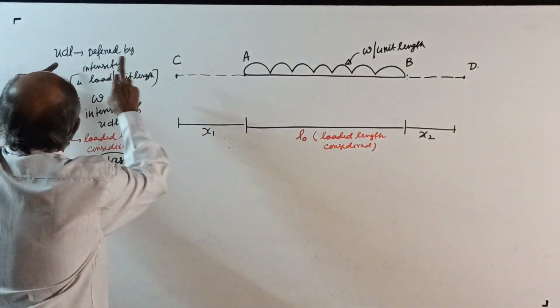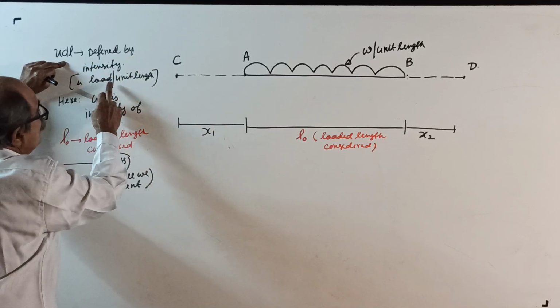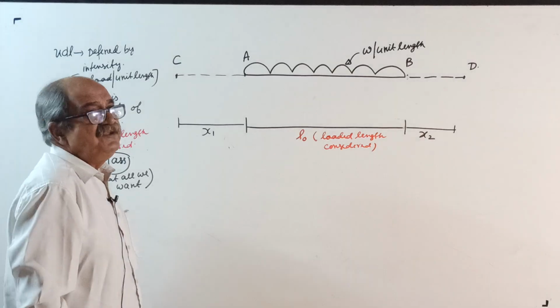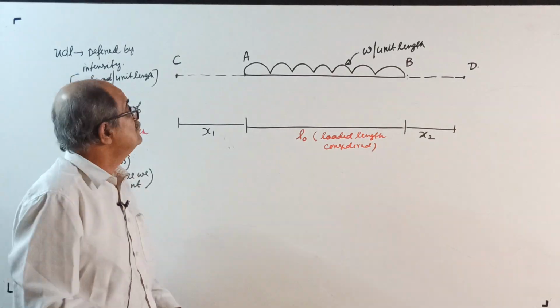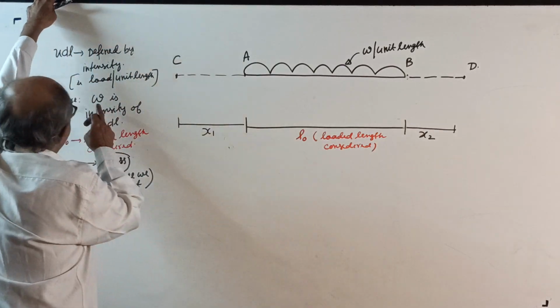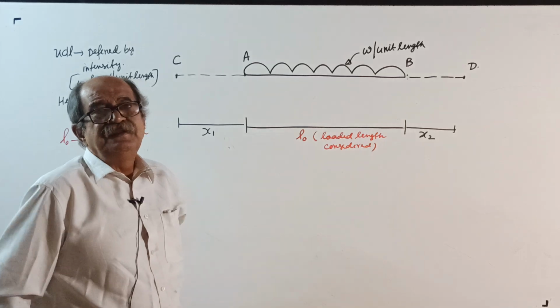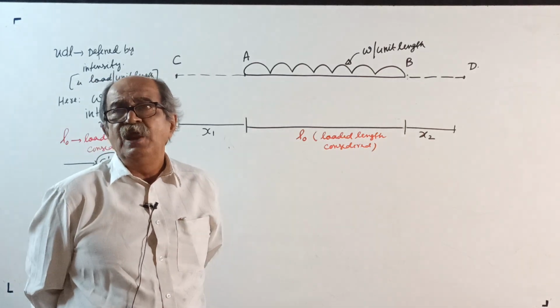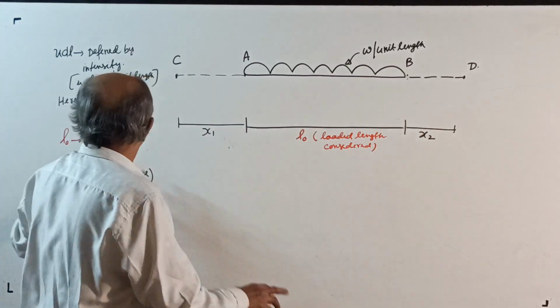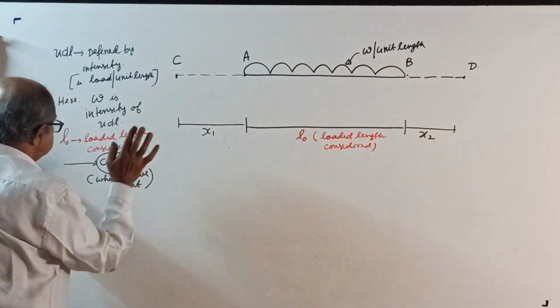Now, see, UDL is defined by intensity, that is load per unit length. It is uniform intensity. By name only you can make out. Here, W is the intensity of UDL. That is W per unit length. Don't tell kilonewton per meter, wrong. Then L0 is our loaded length at present.